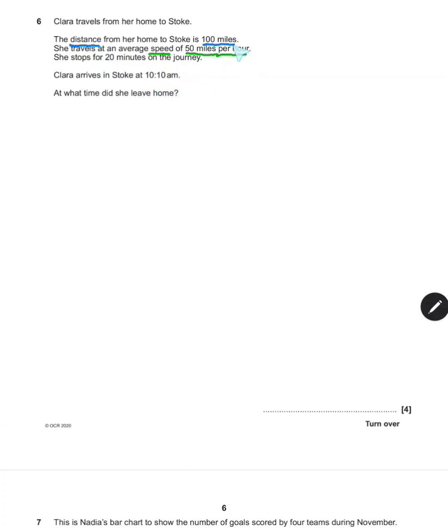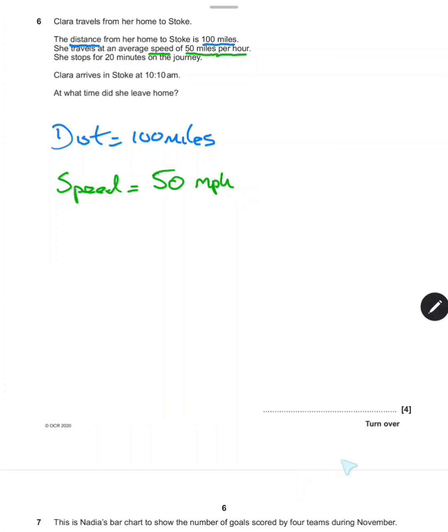But I'm going to start by saying, well, if I've got distance and I've got speed, I can work out the time that it takes her. So if the distance is 100 miles and the speed is 50 miles per hour, we can use a formula triangle where speed, distance and time, and if we're looking for the time, that's going to be distance divided by speed.